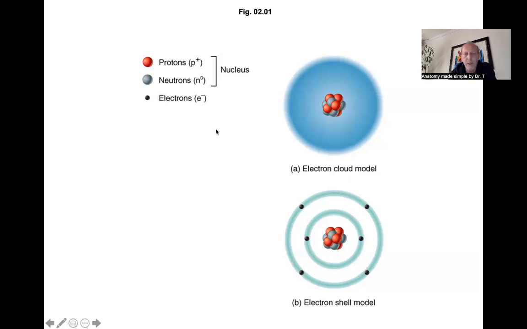So let's first take a look at the central part of both diagrams and identify it as the nucleus of an atom. Within the nucleus, only two different subatomic particles could be found. Either they are positively charged particles, called protons, or they are particles with no electrical charge, called neutrons.